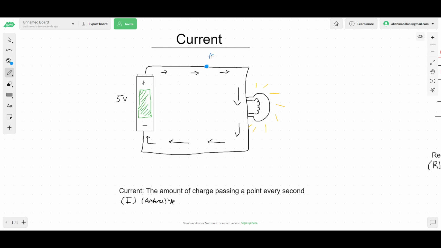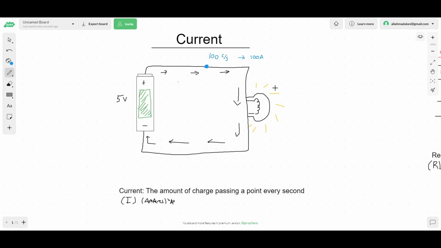Let's say we stood there for a second and we counted 100 coulombs of charge in a single second, so 100 coulombs per second. Now the unit of current is amperes, A, so we say that this circuit has 100 amps of current throughout it. Now what current means is how much flow is happening inside this circuit.